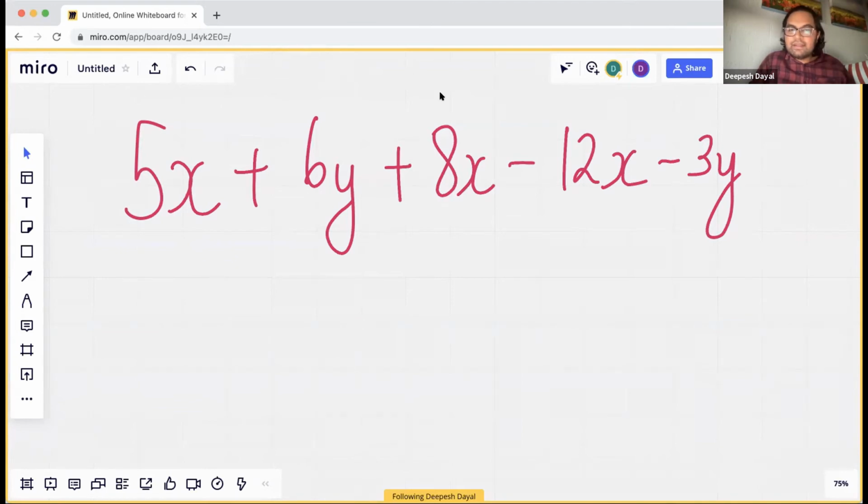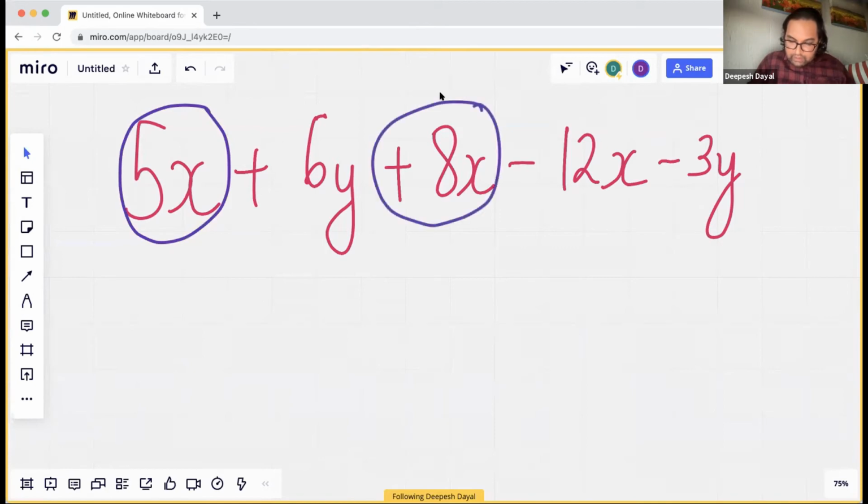Yes, I think it's 6y and 3y. Okay, so we've got 5x plus 8x, right? So 5x plus 8x gives us 13x.